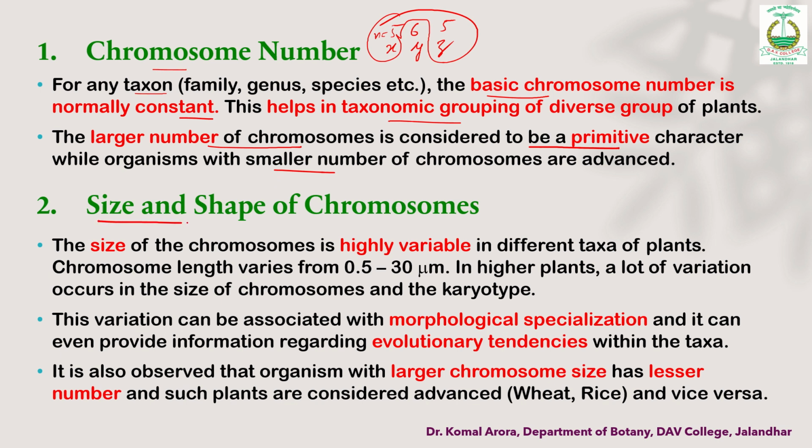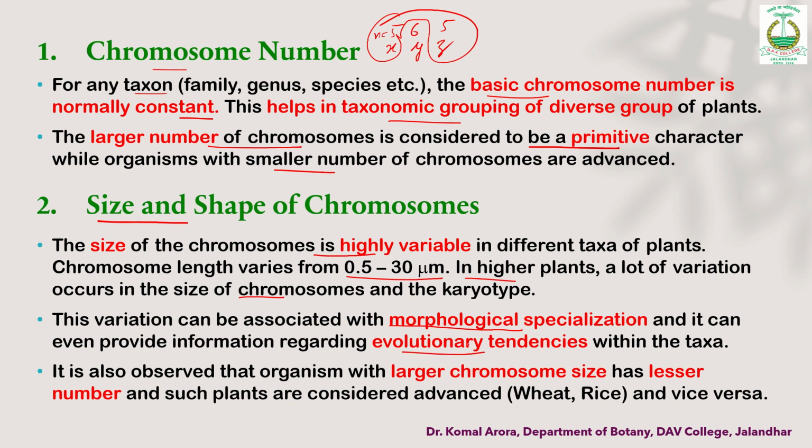Second is size and shape of chromosomes. The size of chromosomes is highly variable. We can have their size varying from 0.5 to 30 microns. In higher plants, when we observe, there is a lot of variation in the size of chromosomes, and this is normally associated with morphological specialization, and it can even provide information regarding the evolutionary tendencies within the taxa.